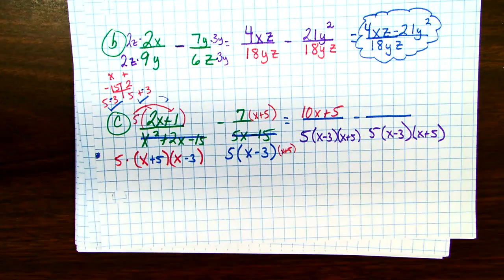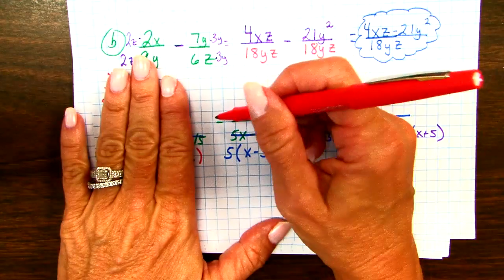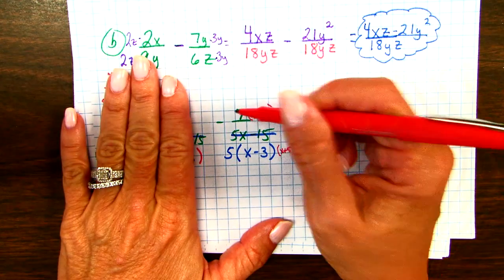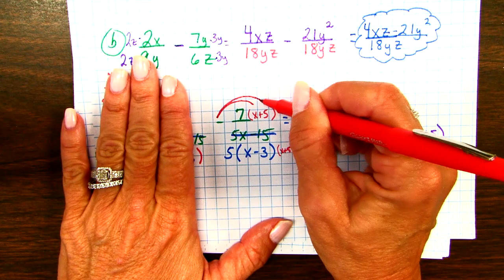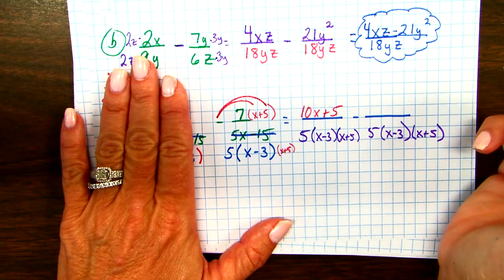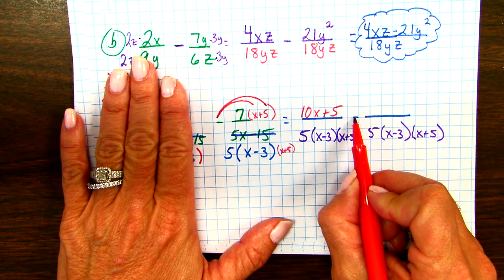Okay? Now, another thing that's also tricky is there's a minus there. That means this is a negative 7. You're doing negative 7 times x and negative 7 times 5. How easy would that be to miss that? So I'm going to change this right here, guys.